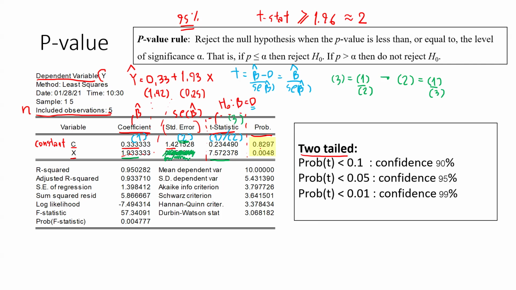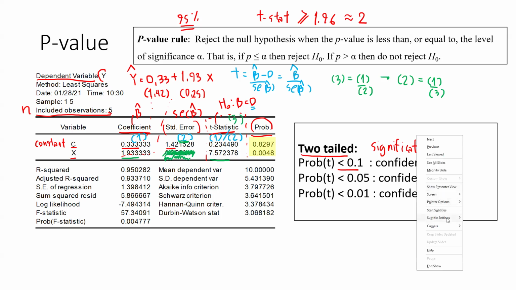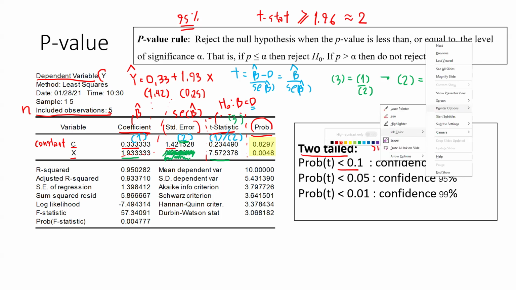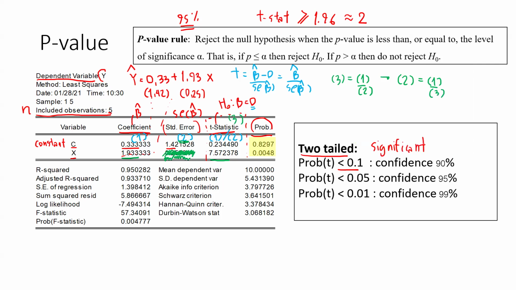So if this probability is less than 0.1, it means it's significant at 90% confidence. Significant. Okay, at 90%.